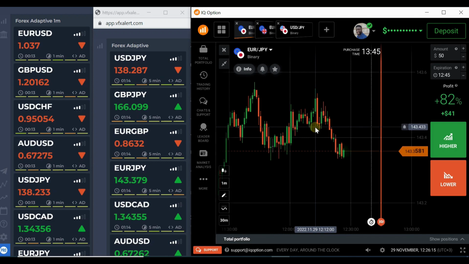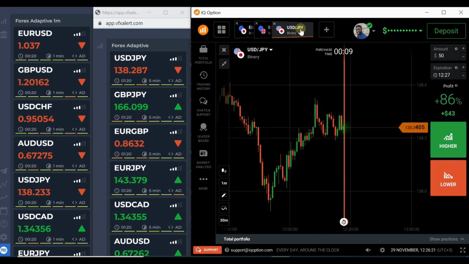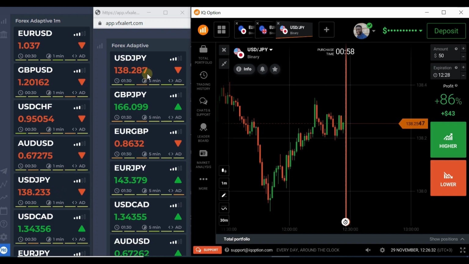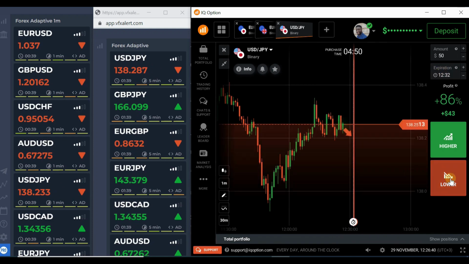So let's try and find a trading opportunity. We have USD yen pair. You can see USD yen pair is down 3 bars in 1 minute. Again, in 5 minutes, it's still down 3 bars. So we can take our trade in the expiry period of 5 minutes.